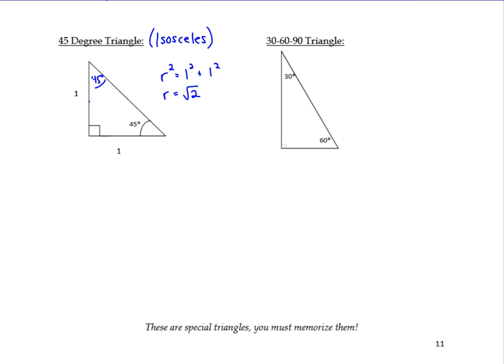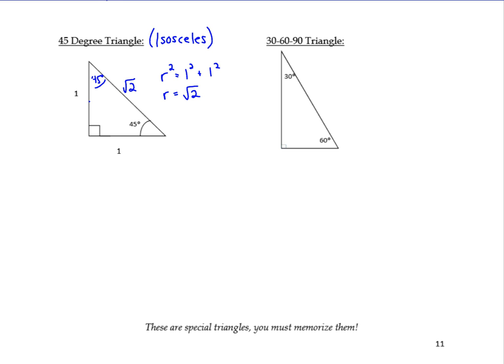And so r is square root of 2. We're going to leave it as root 2 because is 2 a perfect square? No. Okay? So no matter what the sides are for this isosceles triangle, it's always going to be the ratio of 1, 1, root 2. So if the sides were 2 and 2, the hypotenuse would be 2 root 2 because everything's doubled.